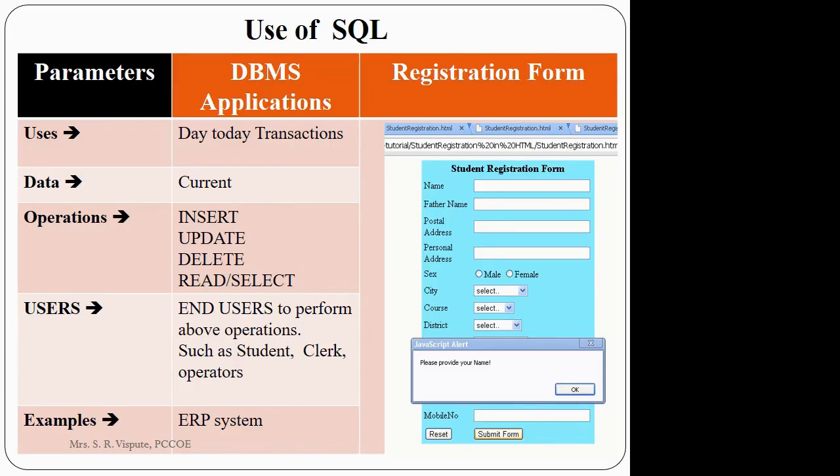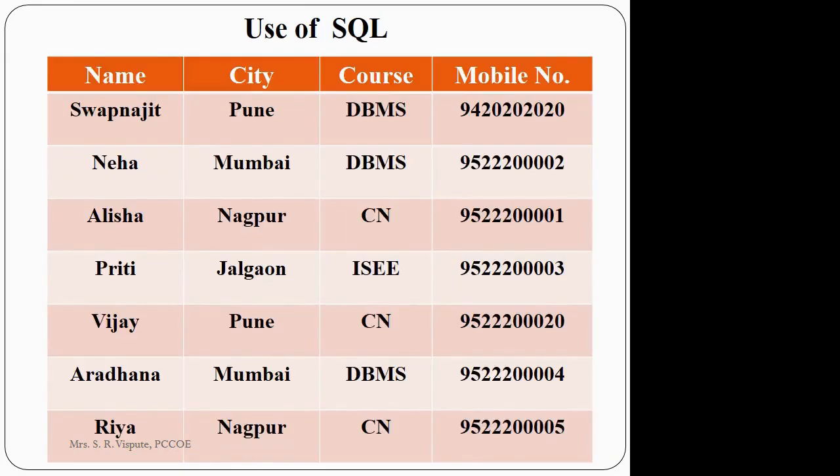So how will the table look? You can see here, when the student clicks the submit button, for example, a Swapnajit record will be created in the table. SQL provides the environment for creating this table structure first. Initially, as a database designer, we need to create the structure of the table with the field names and their data types.